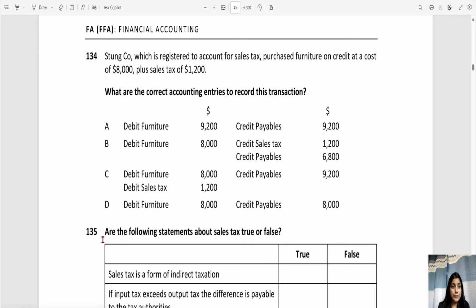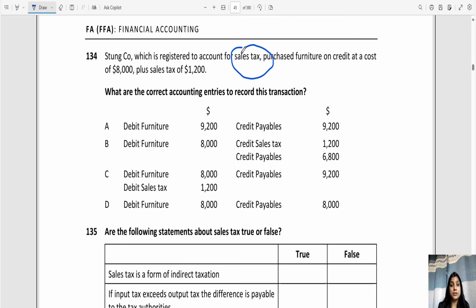In my previous video I told you, don't get confused with the words sales tax or purchase tax. Basically, sales tax means registered for the VAT, you can say in simple words. And sales tax also means your output tax, and the purchase tax means your input tax, right?